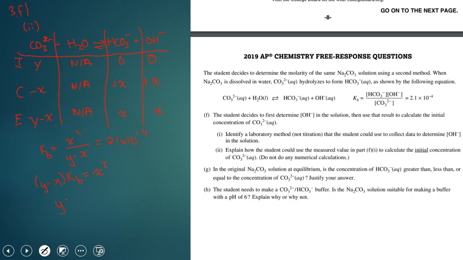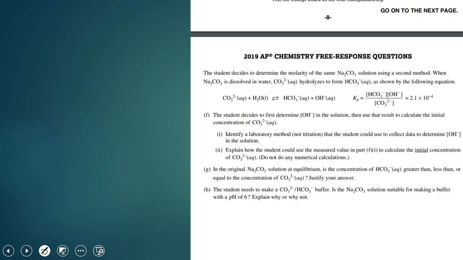So Y is equal to X squared over Kb plus X. And so you just have to substitute your X. You could even plug in 2.1 times 10 to the negative 4 for Kb and just plug in X. But essentially, setting up the ICE or RICE table is your best bet over here. We just don't plug in values. That's all that means. But you still have to go through this process.